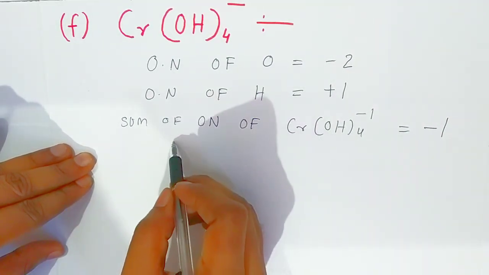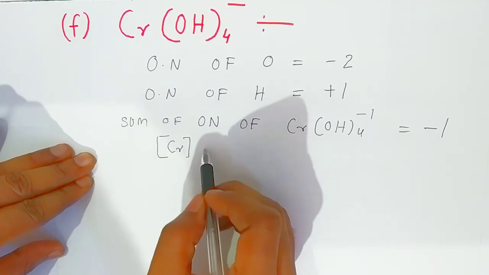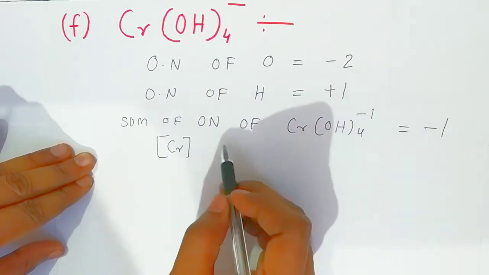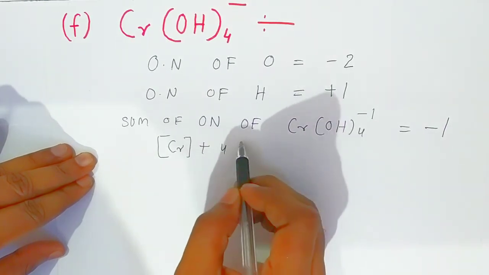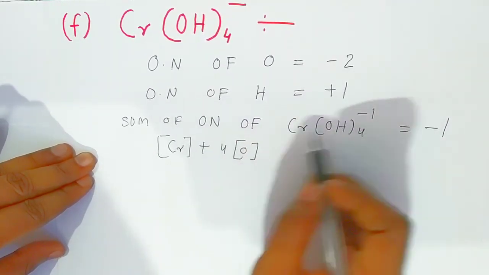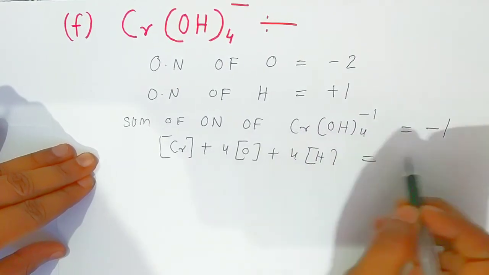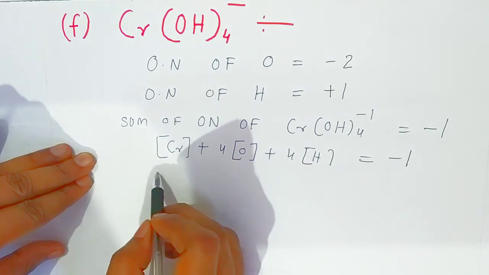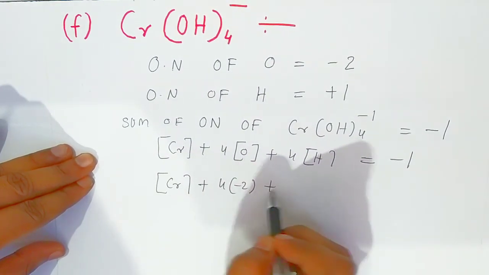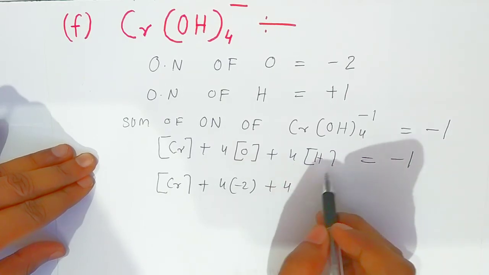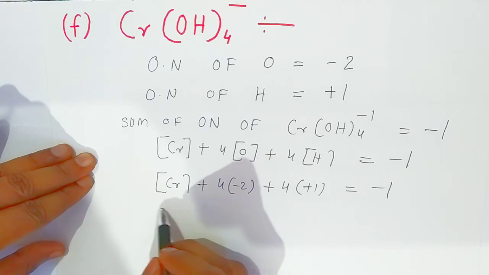Now you can write this as chromium. You don't know the oxidation number, so put it like this. And oxygen, how many oxygens are involved? 4 times oxygen, and it is also made up of 4 times hydrogen, which equals -1. Now write down the oxidation number of chromium as it is. Oxygen you know is -2, and hydrogen is +1, which equals -1.